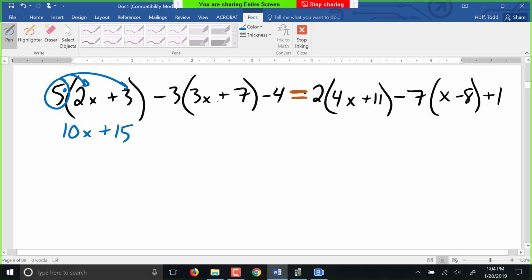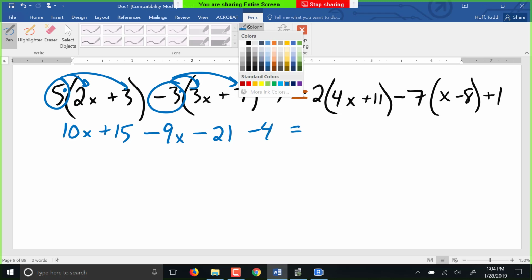The next parentheses, nothing to do inside it again, so we're going to multiply by negative 3. Negative 3 times 3x, negative 9x, negative 3 times 7, negative 21. We still got the minus 4 there, negative 4.